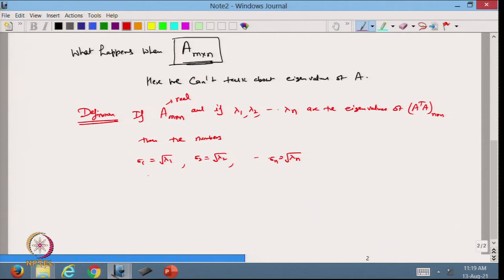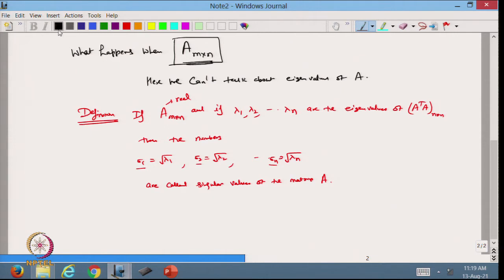Then these numbers are called the singular values of the matrix A. So, A is a rectangular matrix and these sigma 1, sigma 2, to sigma n are called the singular values of the matrix A.